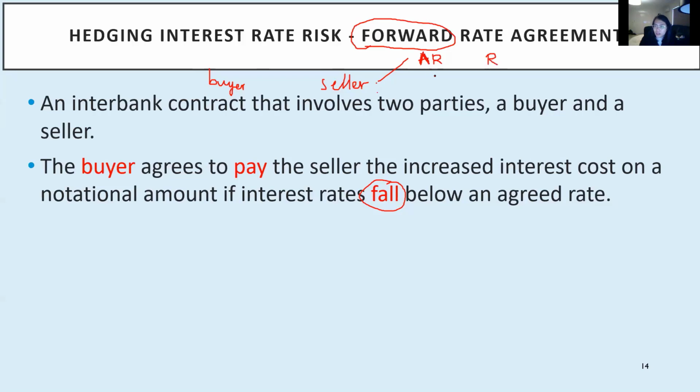So if the actual interest rate at the time that I settle the contract is lower than the agreed rate, then my buyer will be paying to my seller, okay?